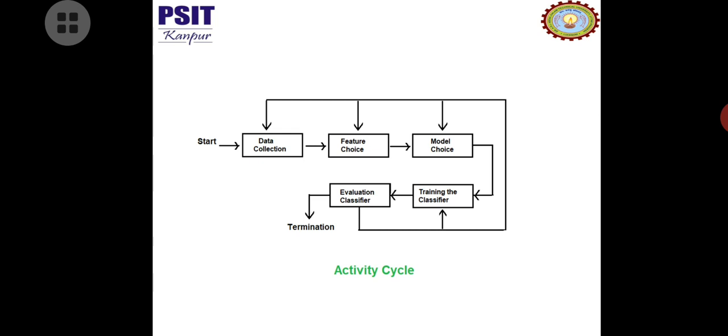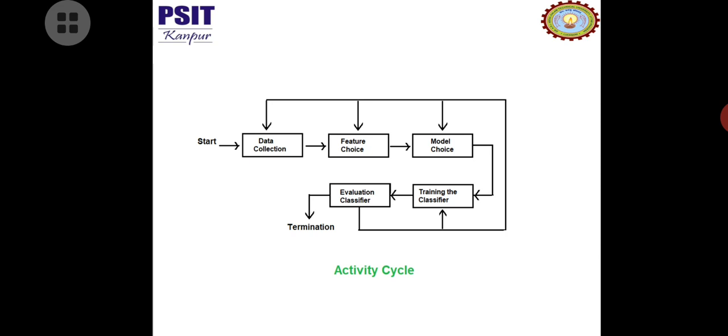Now it's an activity cycle. You can easily understand the activity of pattern recognition with the help of this diagram. First is the start, that means data collection. After data collection, the next step is feature choice. After that, it is connected to model choice. Then model choice is connected to training the classifier, and training the classifier is connected to evaluating the classifier.